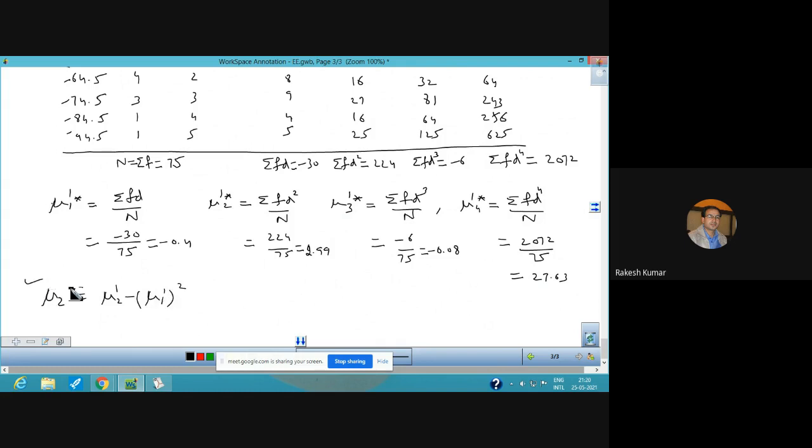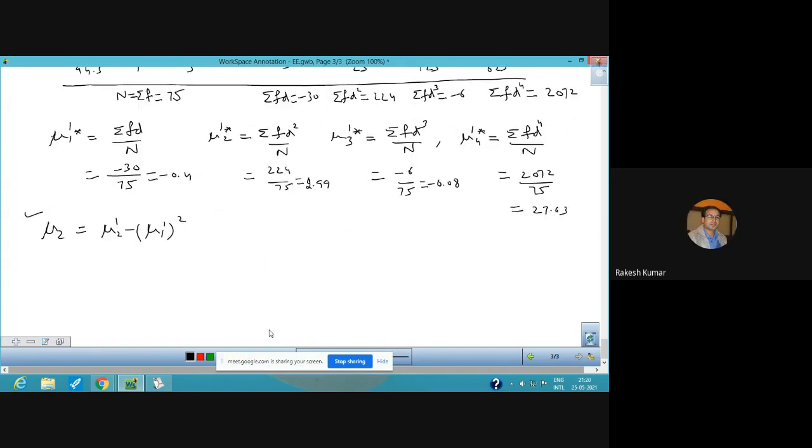This is the formula for calculating the moment. Some books use star, or some books do not use star. So that is why the star symbol has been written, so that no confusion is there in your mind. So this is simply a notation that we use. Star is actually same as mu1 dash.